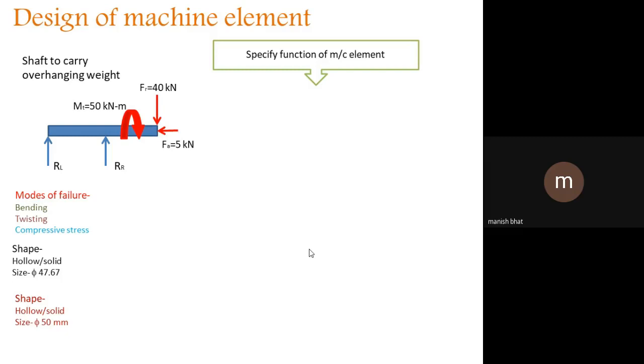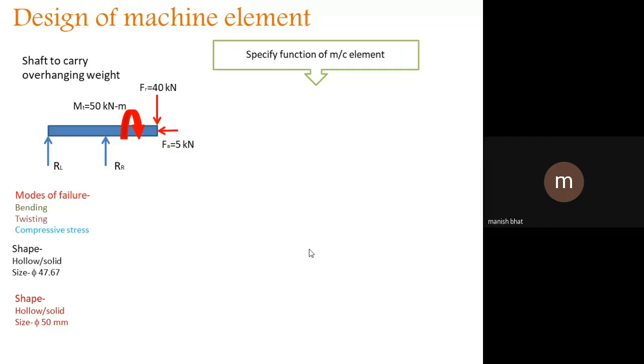Actually, it is a shaft. The shaft is supported at two different ends. RL and RR are the reactions created at the shaft due to load. Actually, reactions are reaction to the applied load. I will be telling you in detail. So RL and RR are the reactions due to whatever load is coming on that shaft.